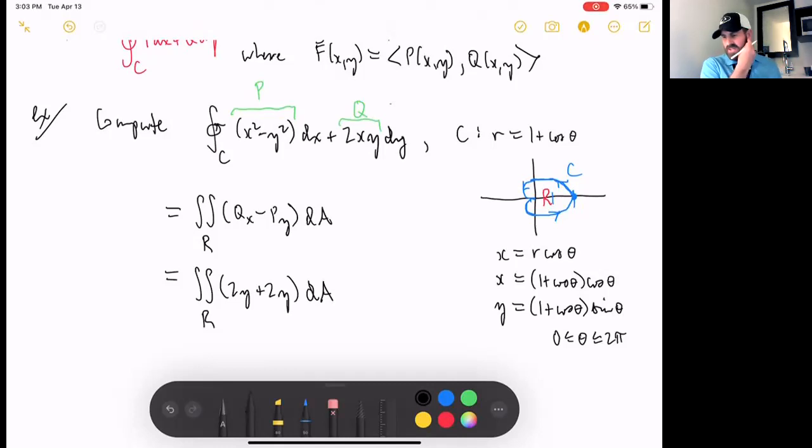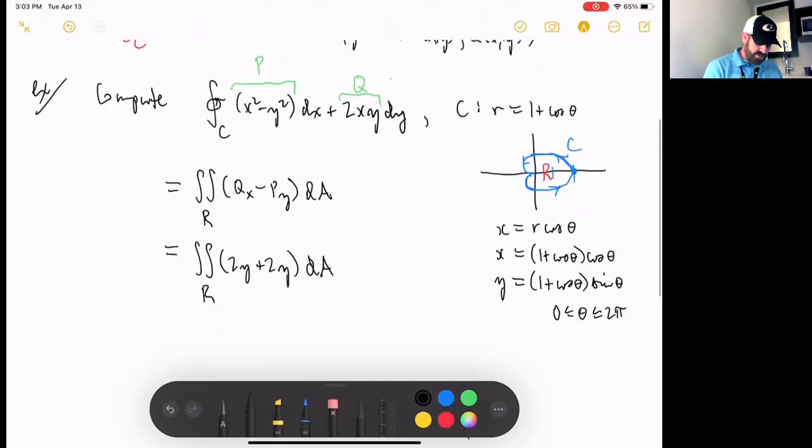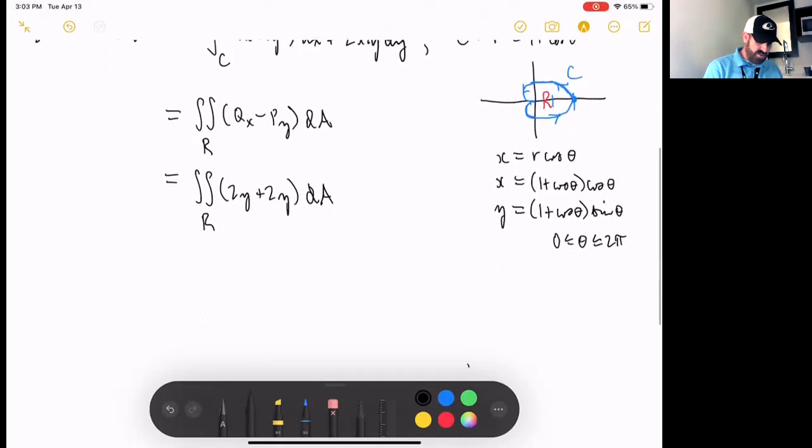Okay. So let's think about this here. What would be the most convenient way to compute this double integral over this region? Well, it stands to reason that using polar coordinates might be a good idea, don't you see? Okay, so in this particular case, this of course is just 4y.